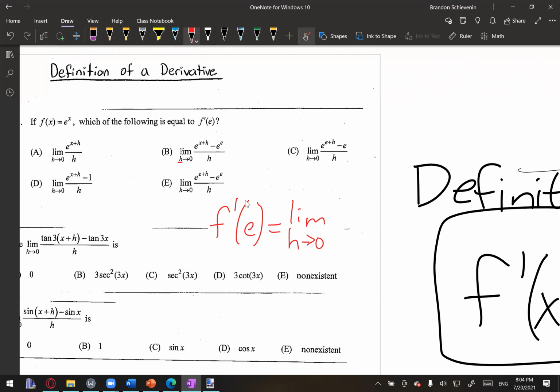I'm going to copy the exact same definition of a derivative, just use h instead of dx, of our function at our x value, which is e, plus our change in x, which is h, minus our function at e, over our change in x, which is h.